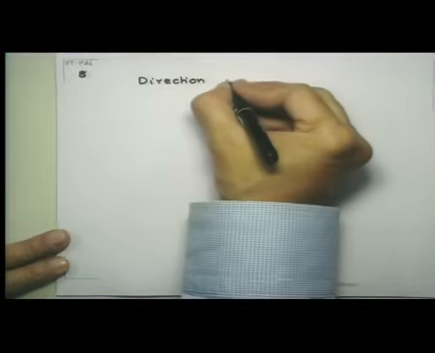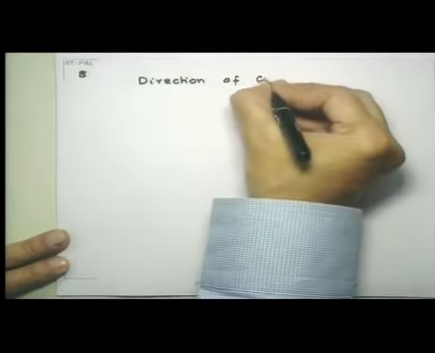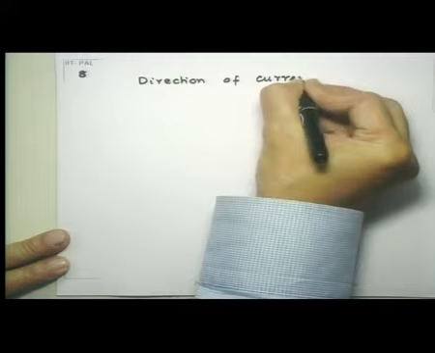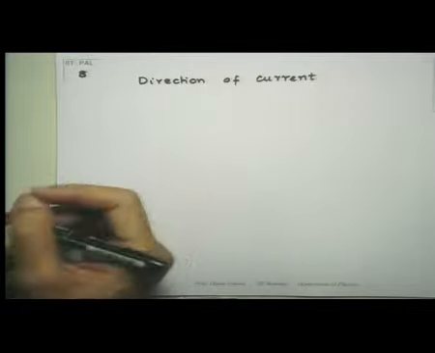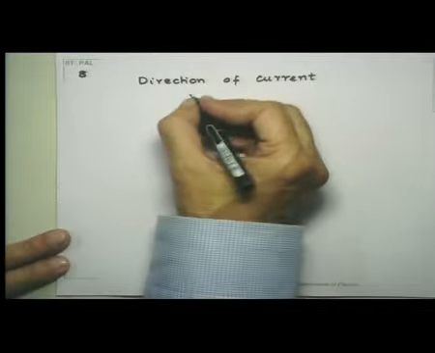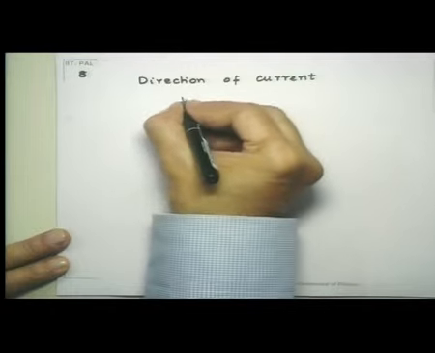So direction of current. Now conventionally, in spite of the fact that the electrons contribute the bulk of the currents in situations that we are interested in, it has always been defined as the direction of flow of positive charge.